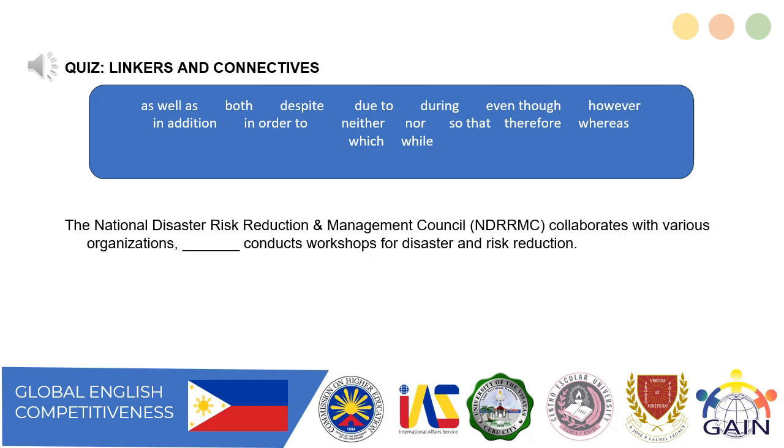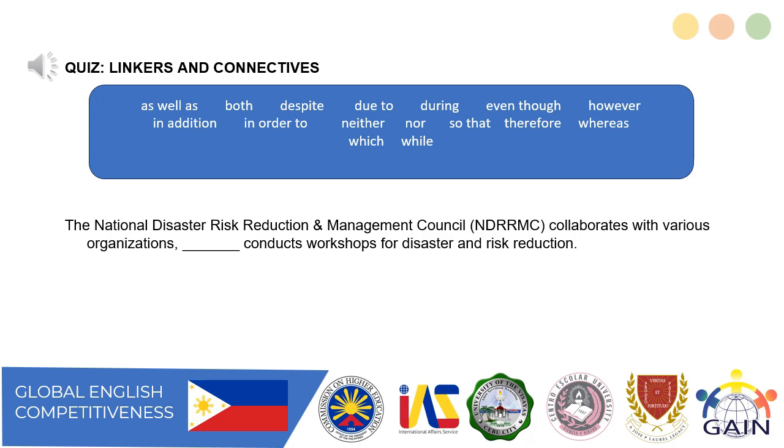The National Disaster Risk Reduction and Management Council, also known as NDRRMC, collaborates with various organizations. Blank conducts workshops for disaster and risk reduction. What do you think is the best linker? The answer is as well as. Why?